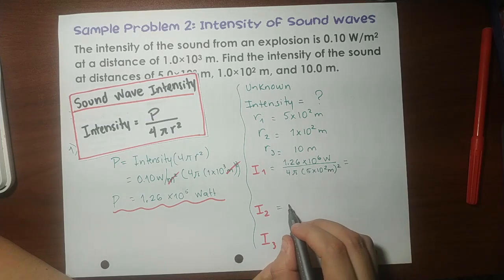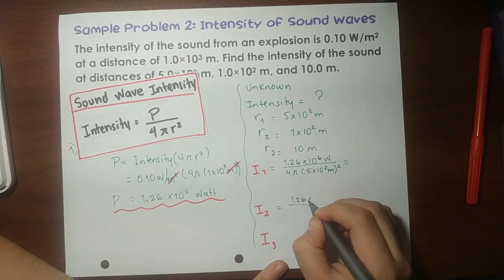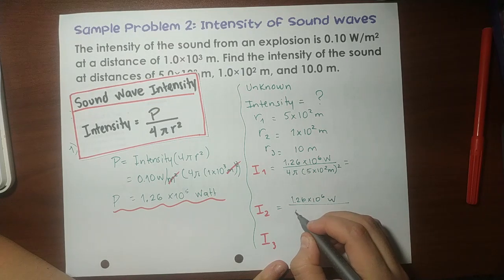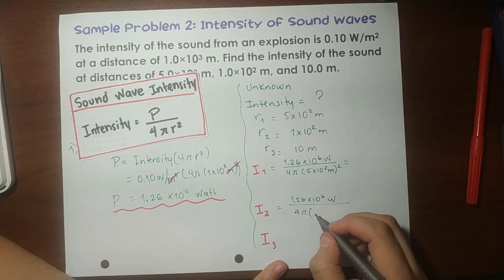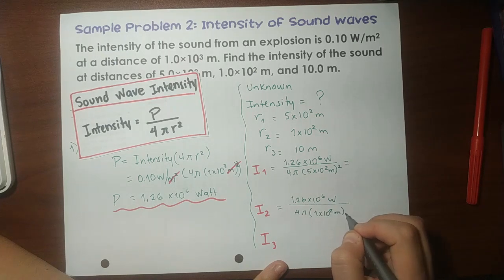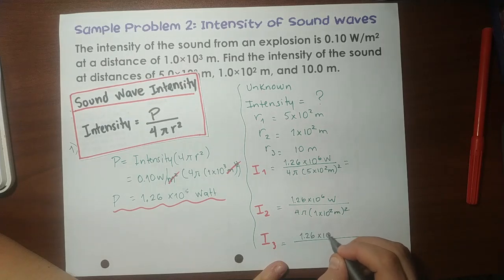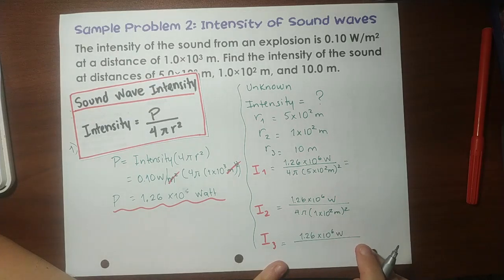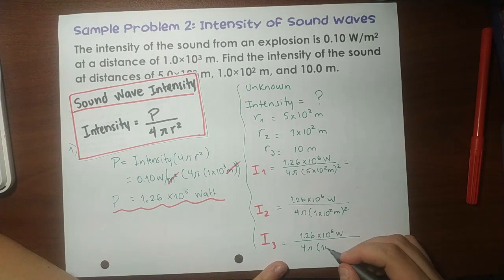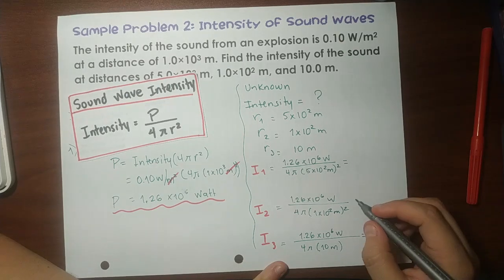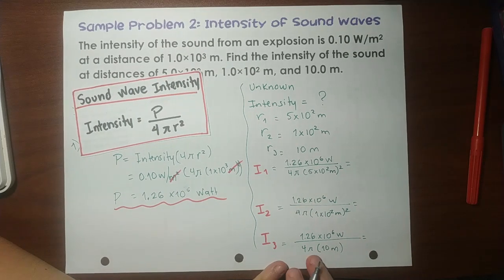My second intensity will be the same power, 1.26 times 10 to the 6th power watt, 4 pi, 1 times 10 to the second power meter to the second power, and the third intensity the same but using its distance, 1.26 times 10 to the 6th power watt, because we're talking about the same explosion, and we have 4 pi, the distance, that is just 10 meters. As I'm closer to the explosion, I expect this intensity to be the largest. Now let's see.